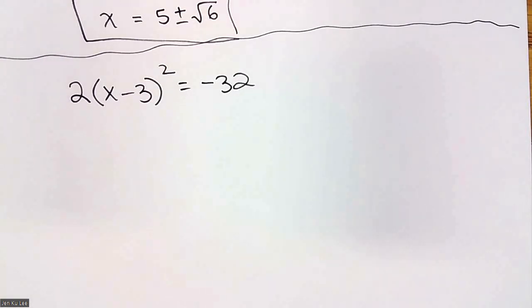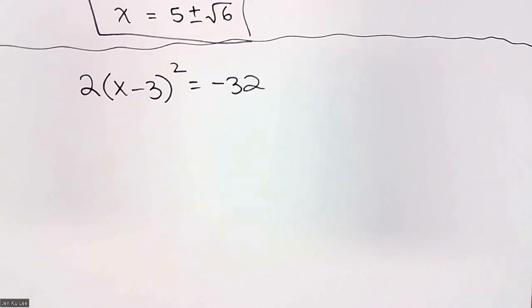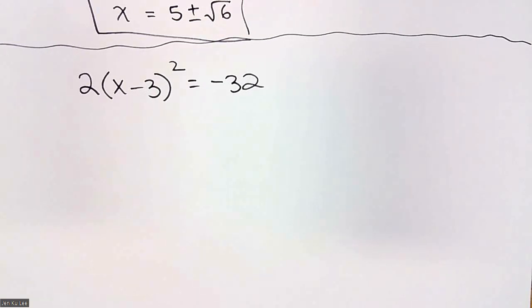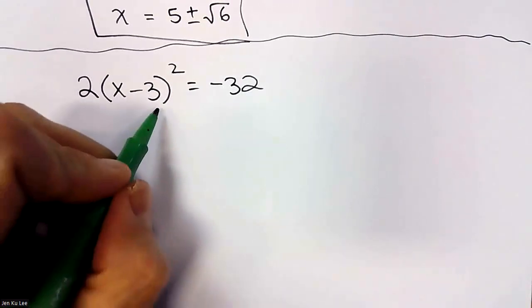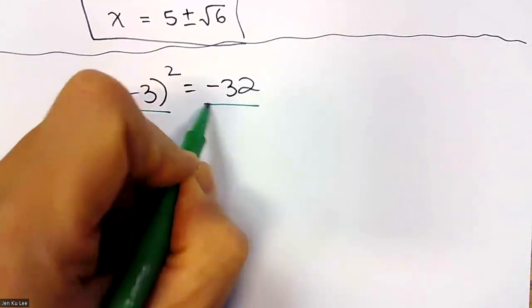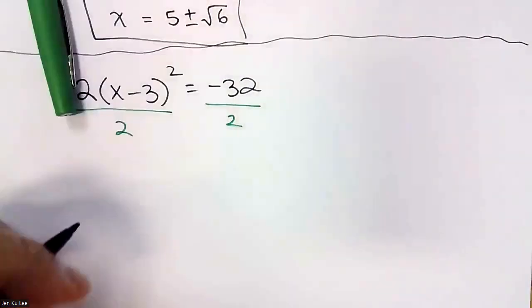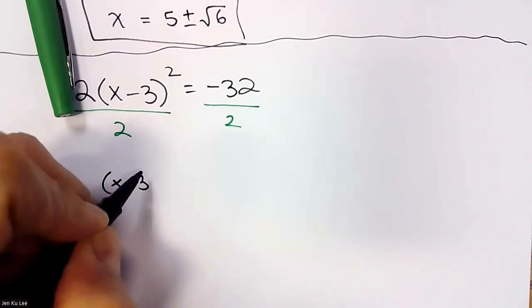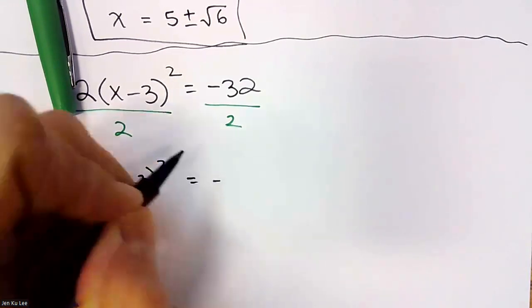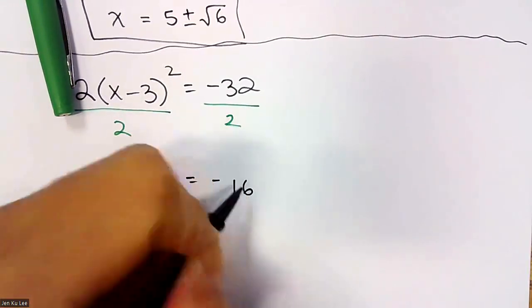Okay? What do I do first? Divide by 2. So I got x minus 3 quantity squared equals negative 16.